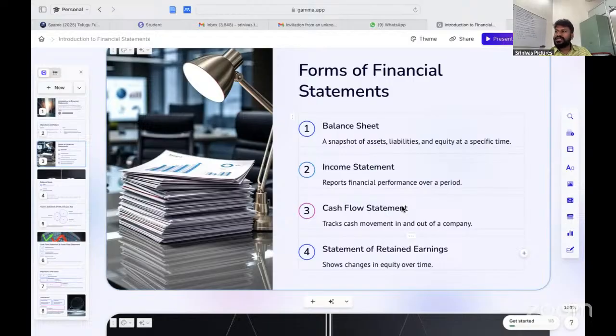Generally, we classify ratio analysis into four types: liquidity ratios, activity ratios, leverage ratios, and solvency ratios, along with profitability ratios. So these are the ratios we have for analyzing financial statements.